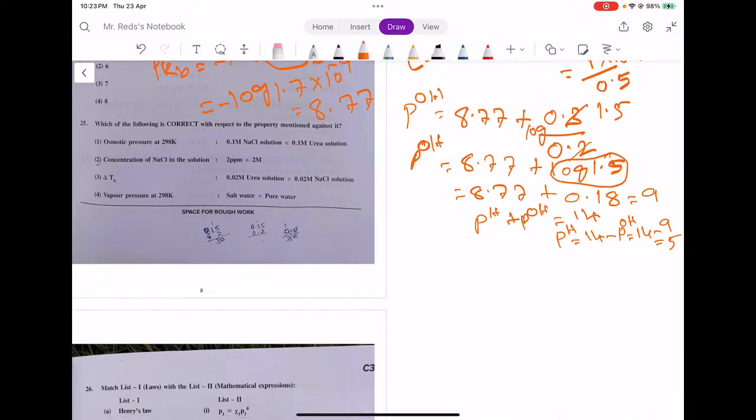Here question number 25. Which of the following is correct with respect to the property mentioned against it?